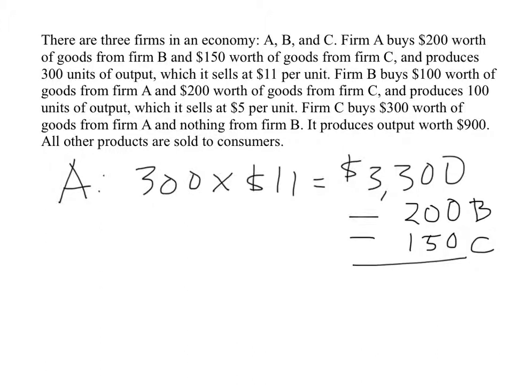Therefore, we subtract 200, representing the Firm B, and 100, representing the intermediate goods from Firm C, from this final sales figure of 3,300, and we get 2,950. Okay, that represents the value added by A.